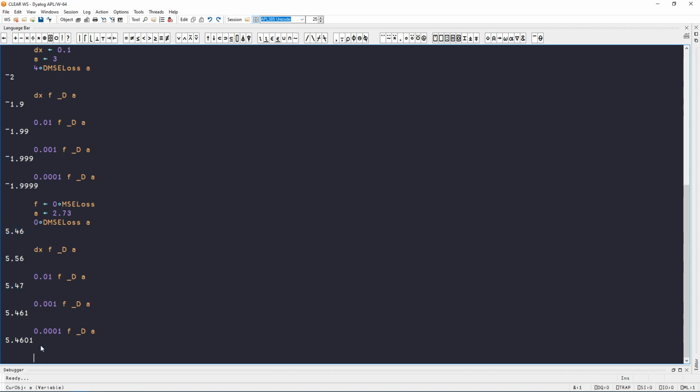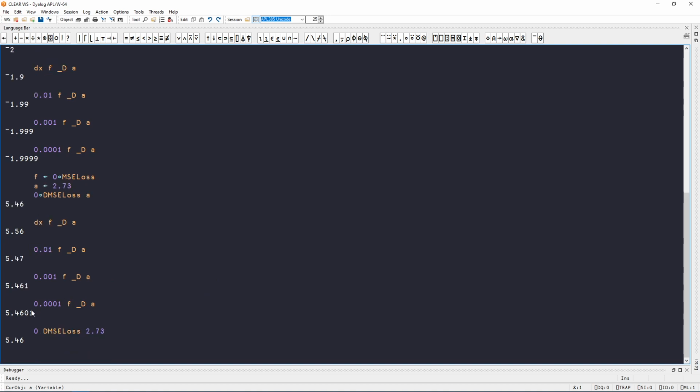Now another interesting and really useful thing about the derivative is that the derivative points us in the direction of increase. So if we have a positive value here, let me do that again. So it's 0, the derivative, and then a, which is 2.73. Because the derivative here has a positive value, what it means is that if I walk right, so I'm at 2.73, if I walk right, the value of the loss itself becomes larger.